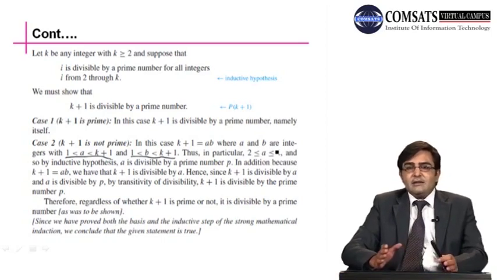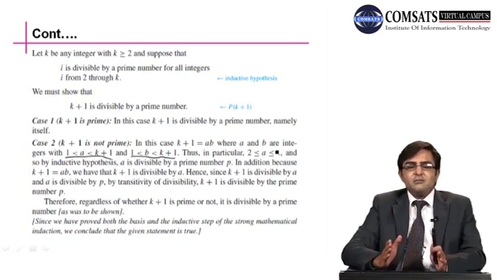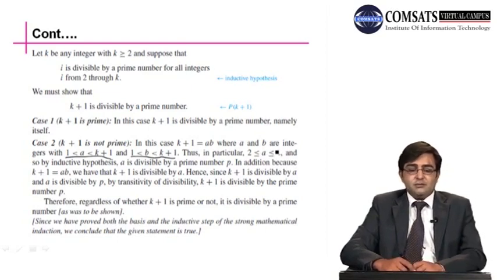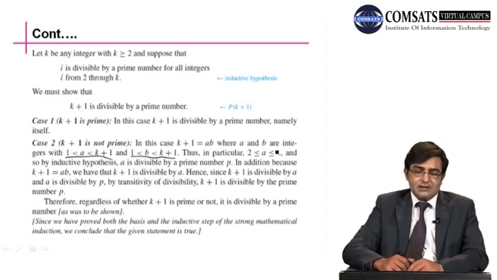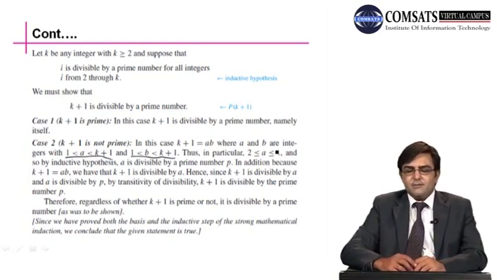Thus a is any number from 2 to k, and we have supposed that i is any number from 2 to k and it is divisible by a prime number. So we can say that by using inductive hypothesis, a is divisible by a prime number p. p is any prime number.